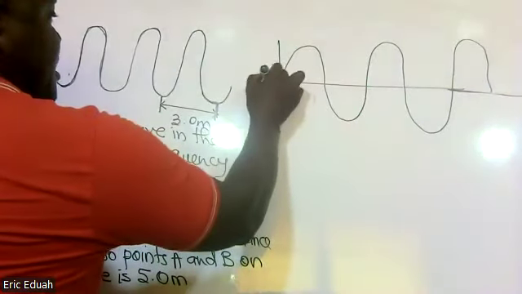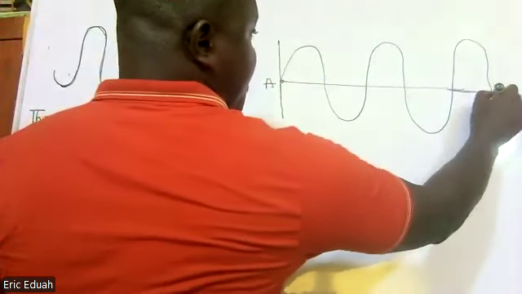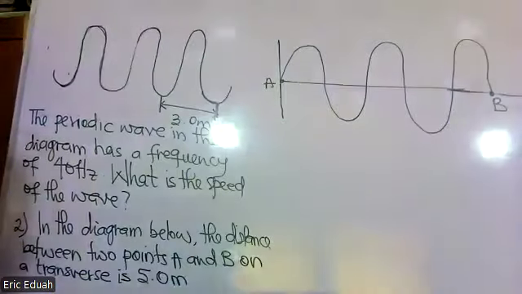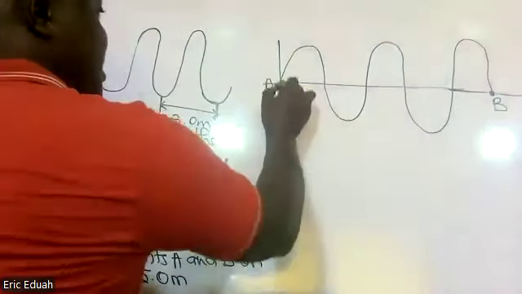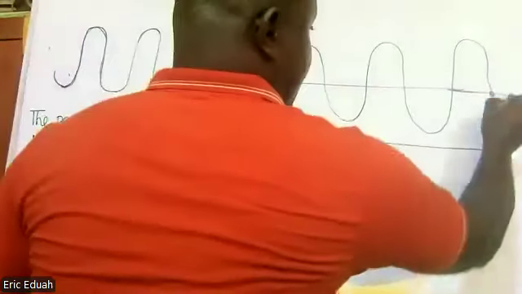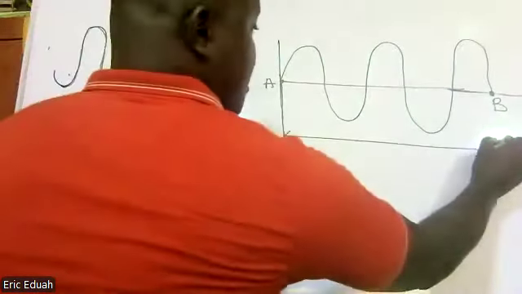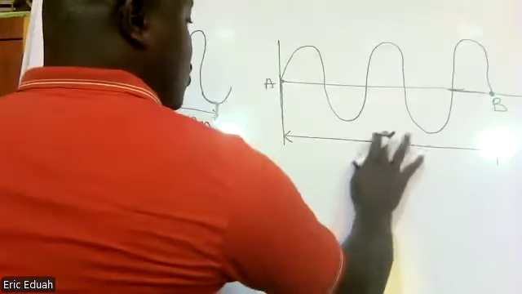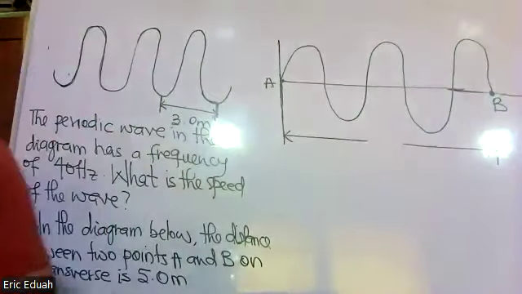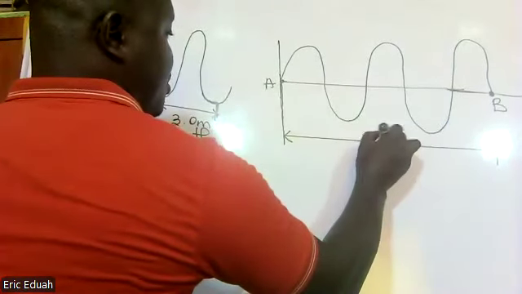So point A is here, and then point B is here. We are told that the distance between point A and B is equal to 5.0 meter.